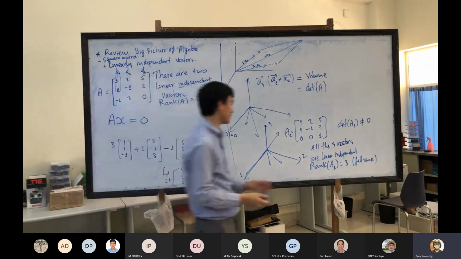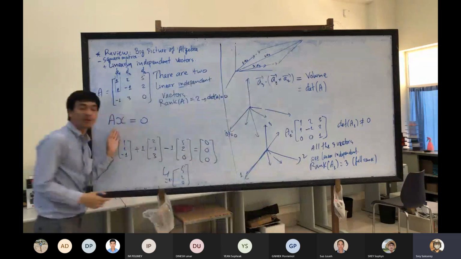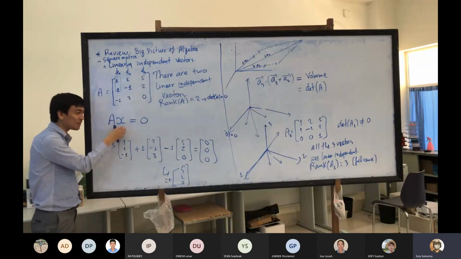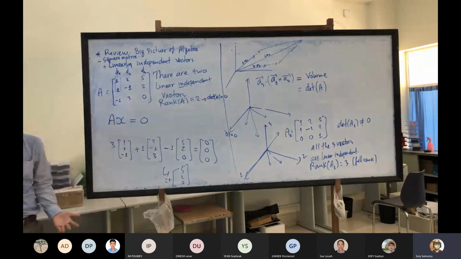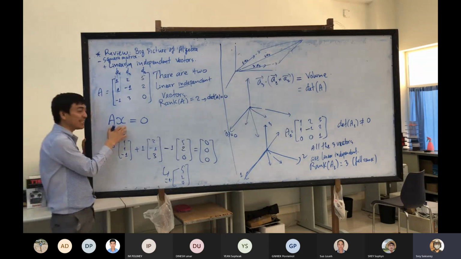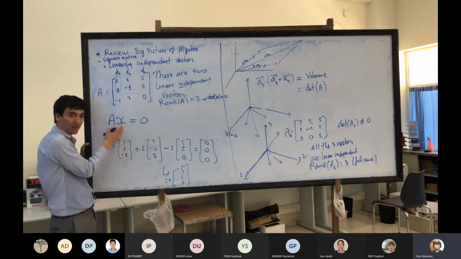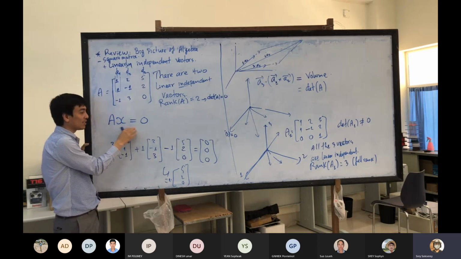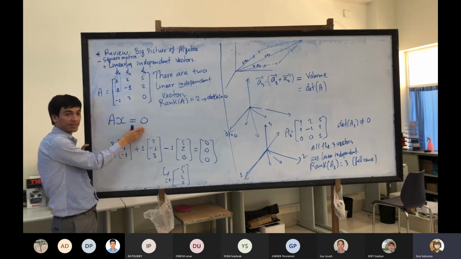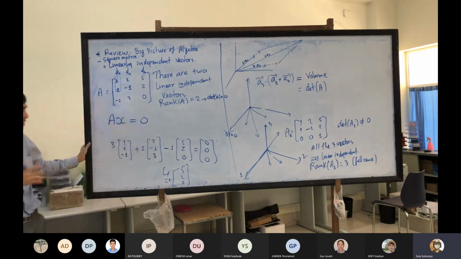I mean, you can find x which is not 0. Of course, if you choose it 0, when you multiply it, you get 0, right? But it's not interesting. Now we want to know whether you can find a solution x which is not 0 for this equation.